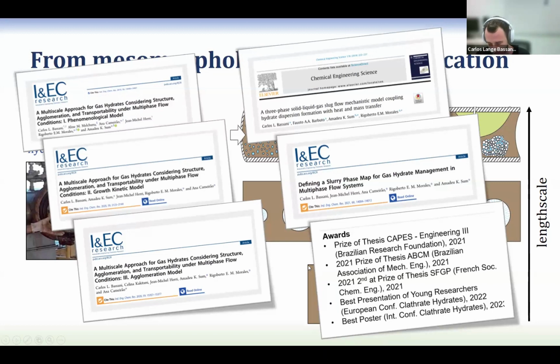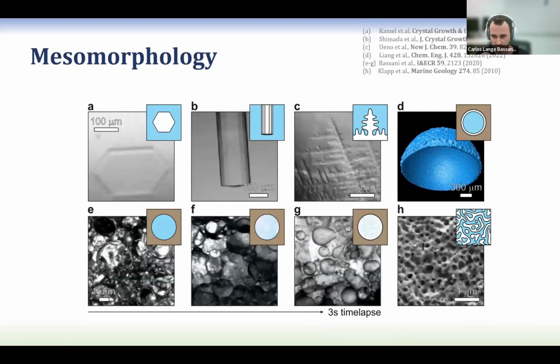But I mean, everyone here that does models, that does simulations, you know, every model has a weak point, and the weak point in this model is the porous medium. How the porous medium forms, how the porous medium evolves. And that's exactly why I came to Germany to study that.